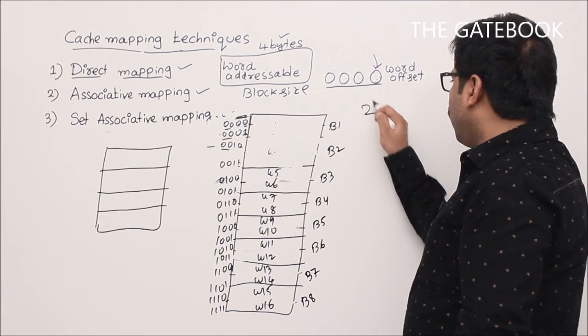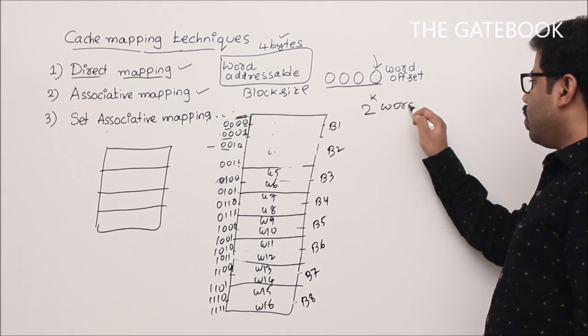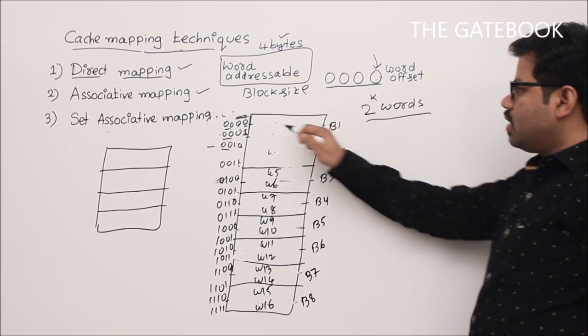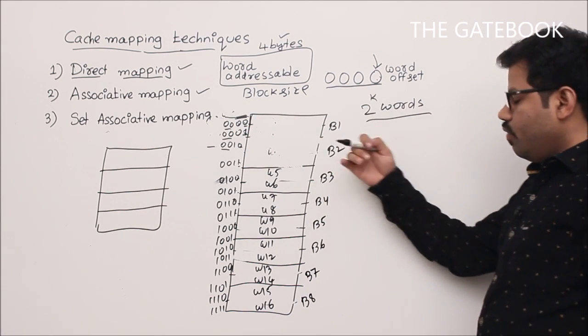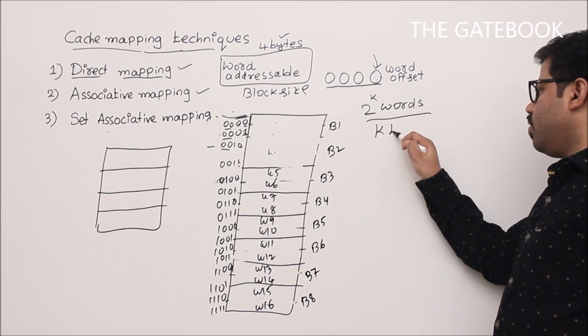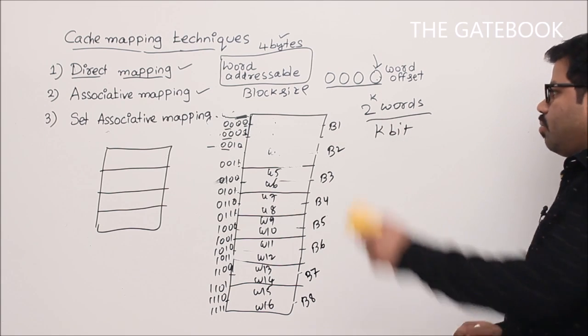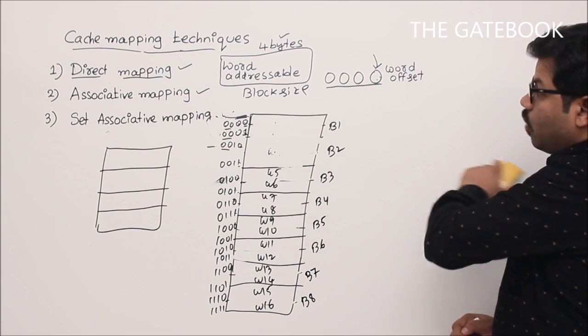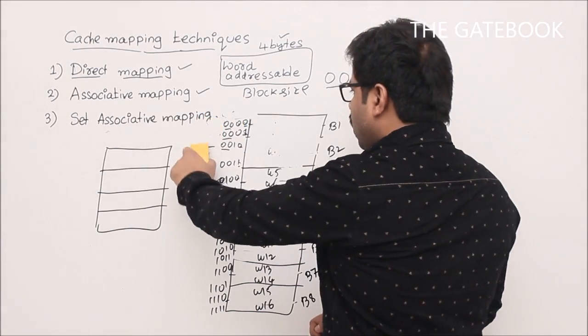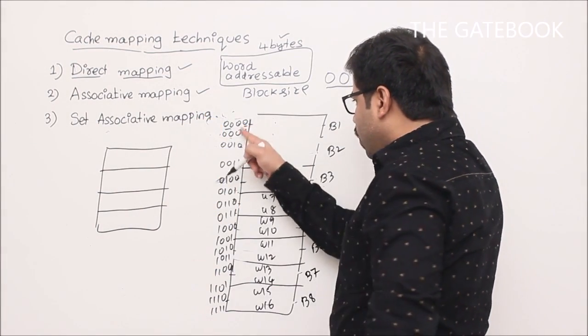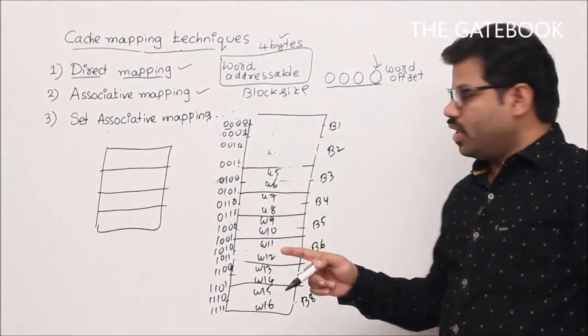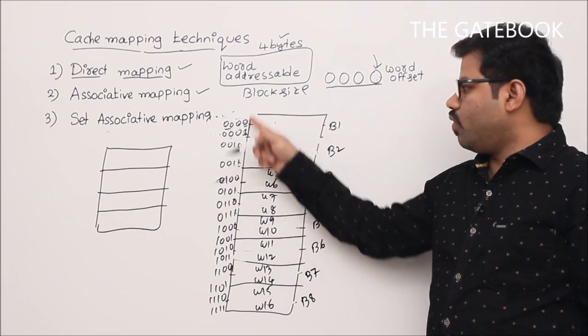If you have 2 to the power of k words in a block, then k bits from the right side are required to differentiate them. Remember that point. Here 2 bits are required: 00 means one word, 01 means another word, and in that way 4 words, right?